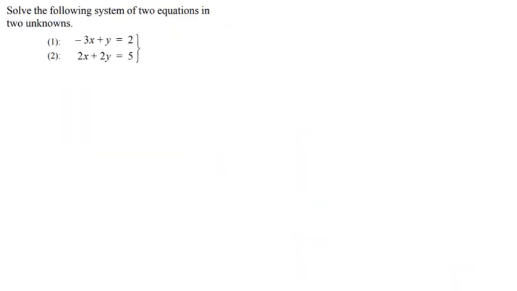Okay, so you can solve this by eliminating the x's or the y's. If you notice for the x's, they're two different numbers. So what you can do is you can multiply the top one by 2 and the bottom one by 3. And what's going to happen is both of them will turn into 6, where one is negative and one is positive, and then the x's will eliminate.